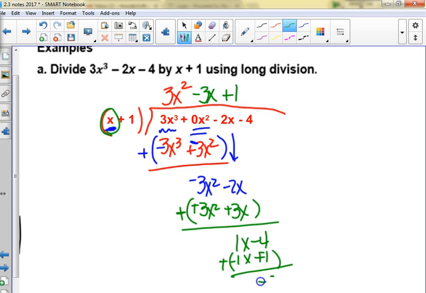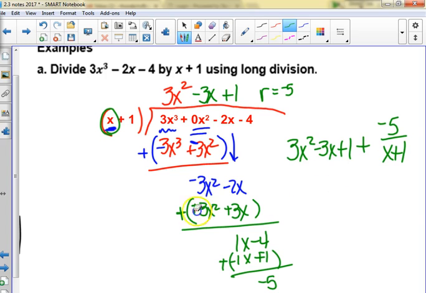It becomes -5. So the remainder is -5. Or we write 3x squared minus 3x plus 1 plus, there was a -5 and it goes over the divisor of x plus 1.